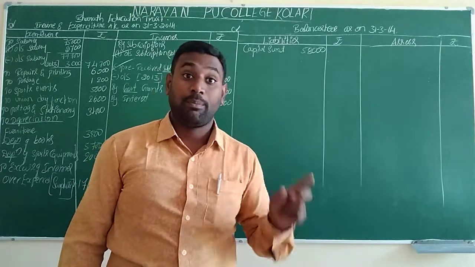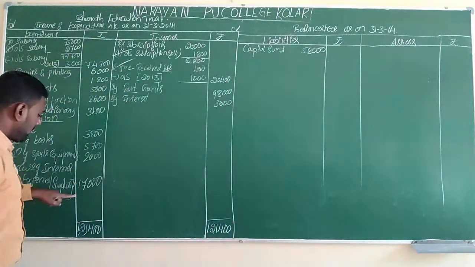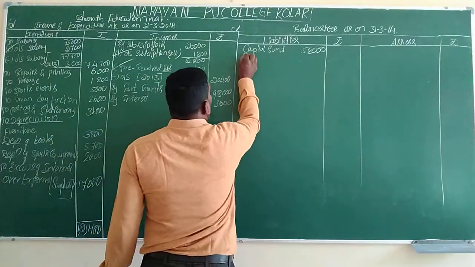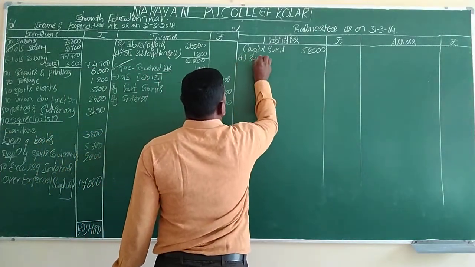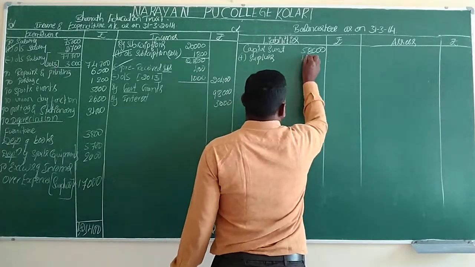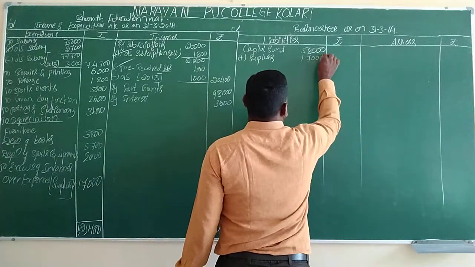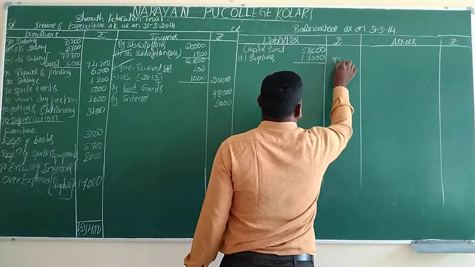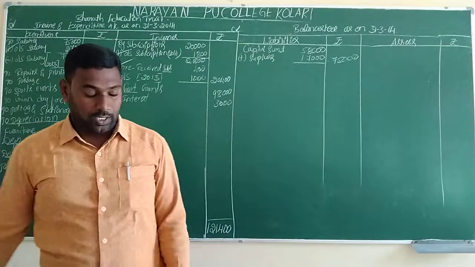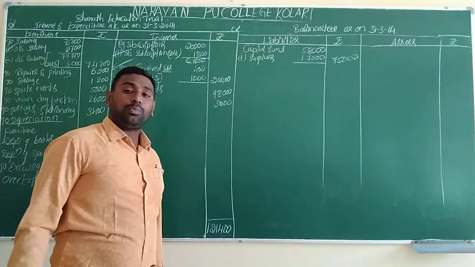But in the income and expenditure account, we will get the surplus. That surplus we have to add here. Add surplus 17,000. We will get 75,000.